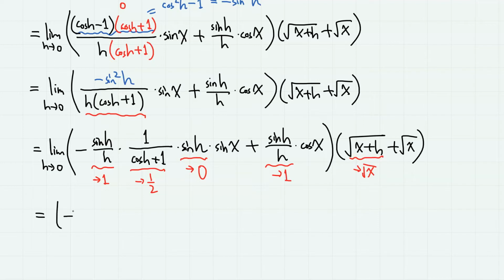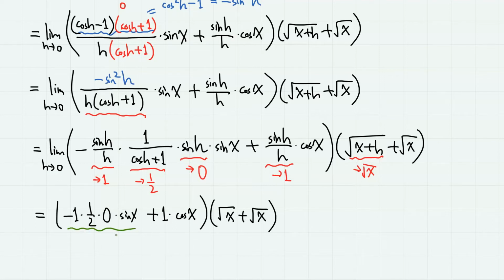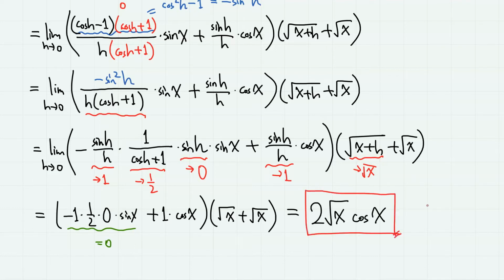Therefore, we have minus 1 times 1 over 2 times 0 times sine x plus 1 times cosine x times square root of x plus square root of x. So this entire first term becomes 0. So we have 2 times square root of x cosine x. And this is the answer.